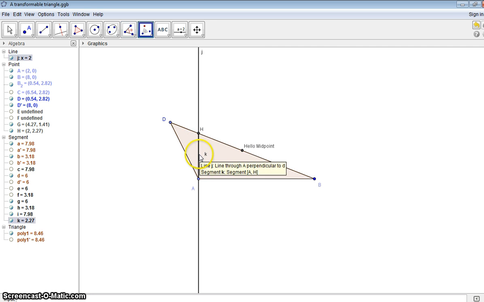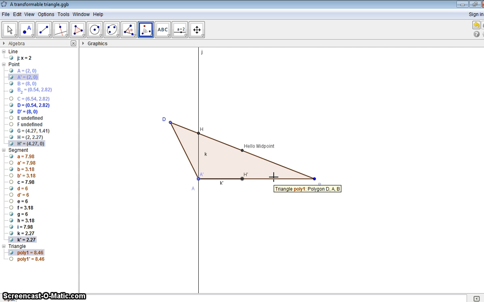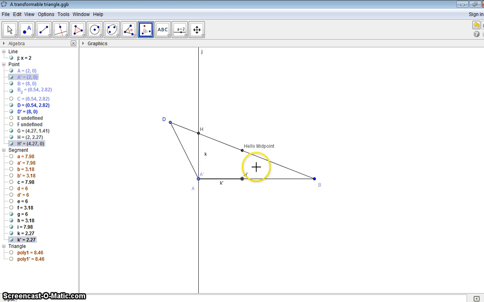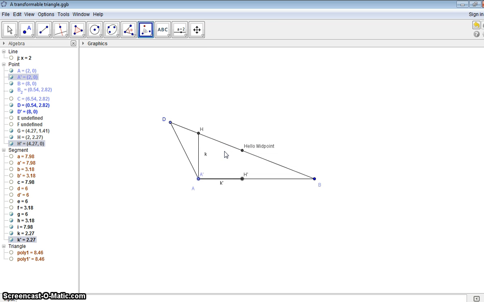the segment I just made, AH, 90 degrees around this point, and I'm going to go clockwise. So do you see how H prime is here? I can turn off some of these other figures simply by clicking on the show object.